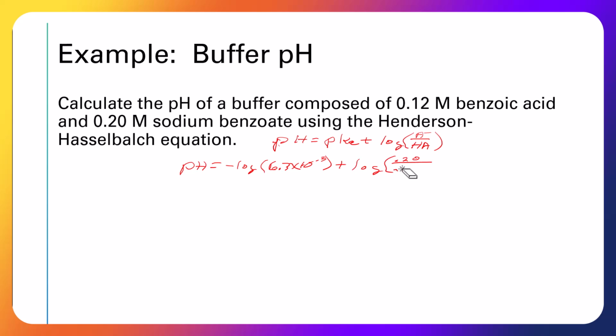The acid concentration was 0.12 molar. And here we go. So that's going to be negative log 6.3 times 10 to the minus 5 plus the log of 0.2 divided by 0.12. And that gives me 4.42, same as before.